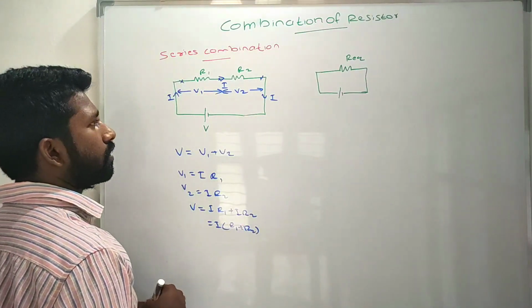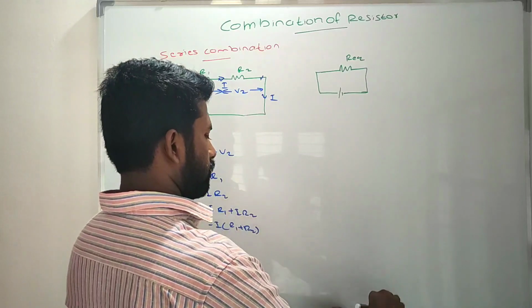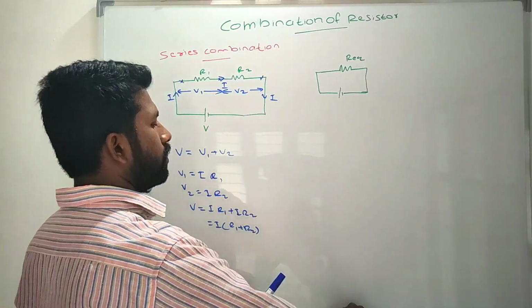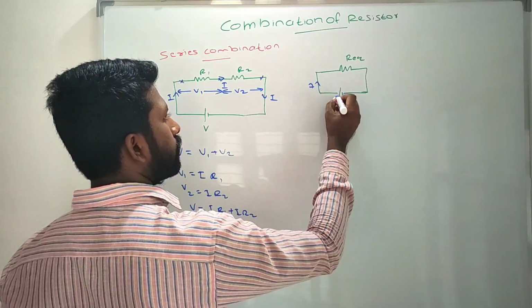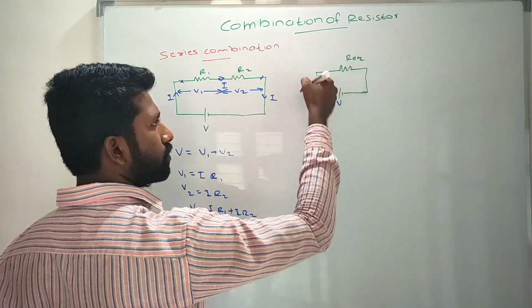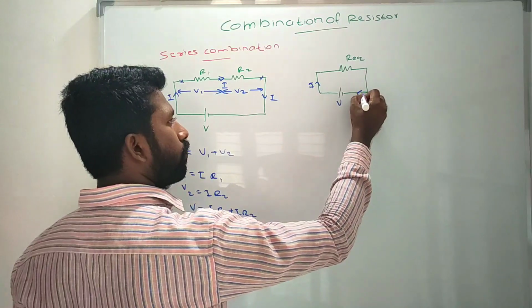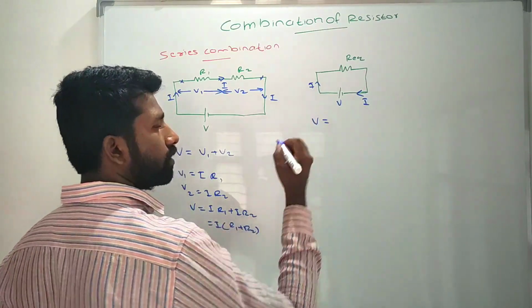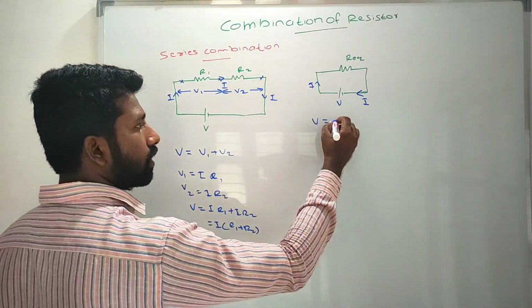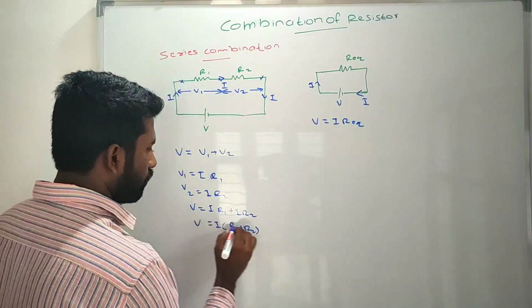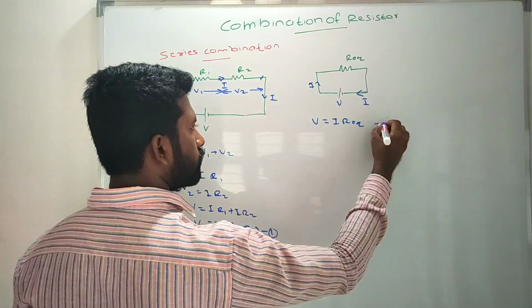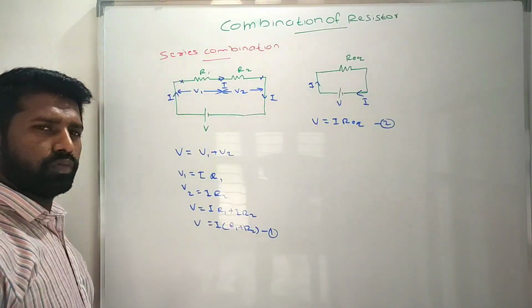How much is the current supplied by this voltage source? That is I itself, and the voltage is V. Based on this, how can we write it? V is equal to I into R equivalent. I am taking this as equation number 1, and the earlier one is equation number 2.